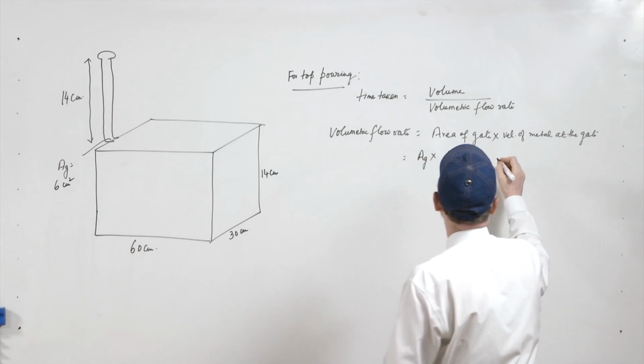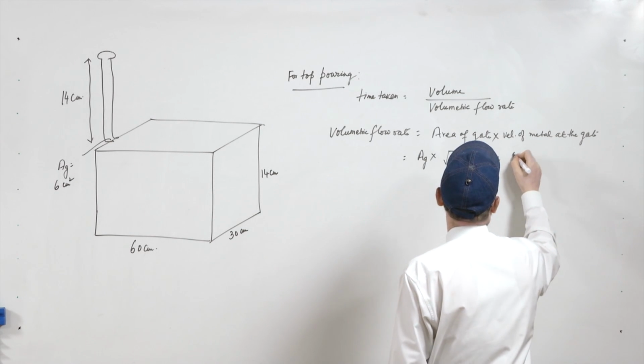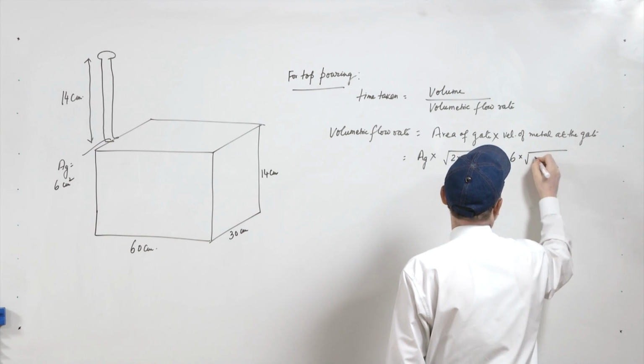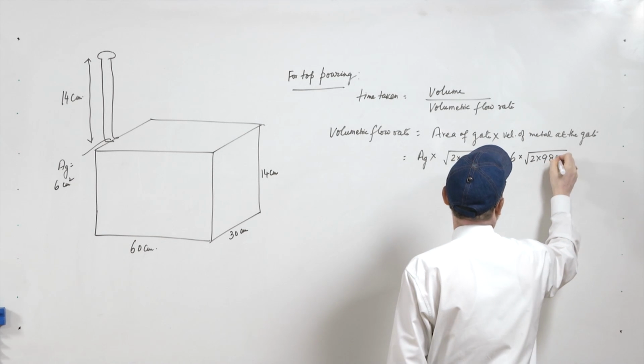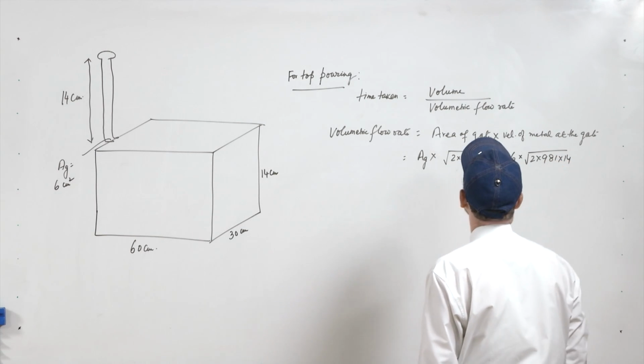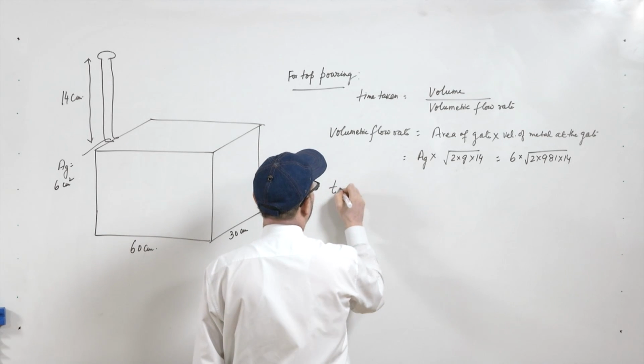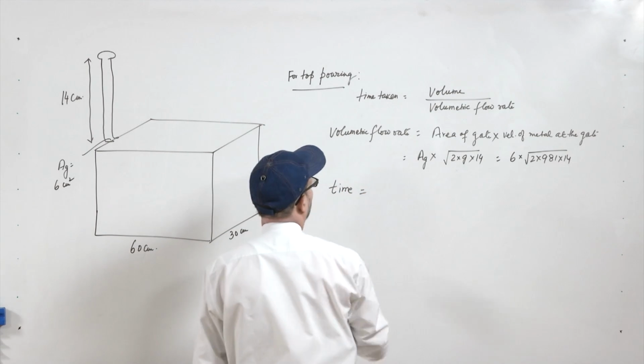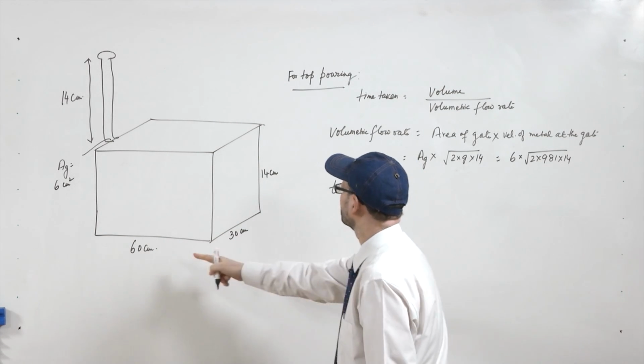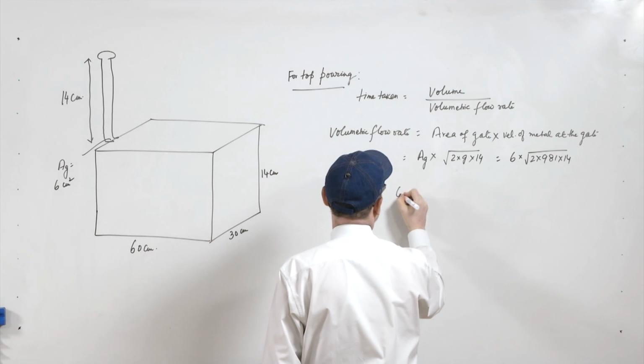So, Ag is given as 6. So, 6 times under root 2 into 981 into 14. Volume is, so time will be volume is 60 by 30 by 14.